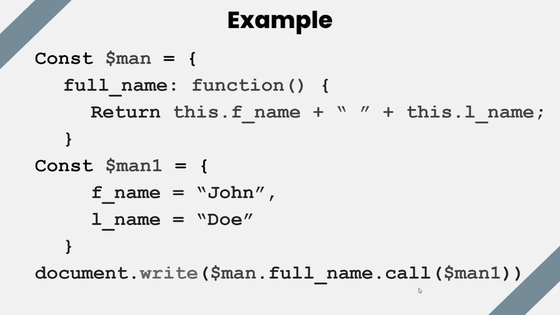So going over this again, there's an object name that possesses that method and can give it out. There is one that doesn't possess it and it needs that method. So you'd start by calling the object name that possesses it, which is $man.